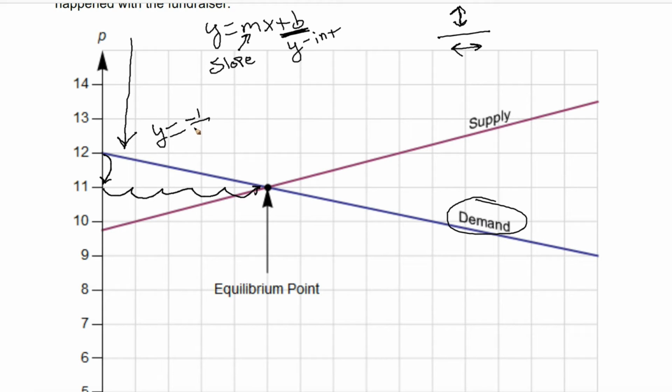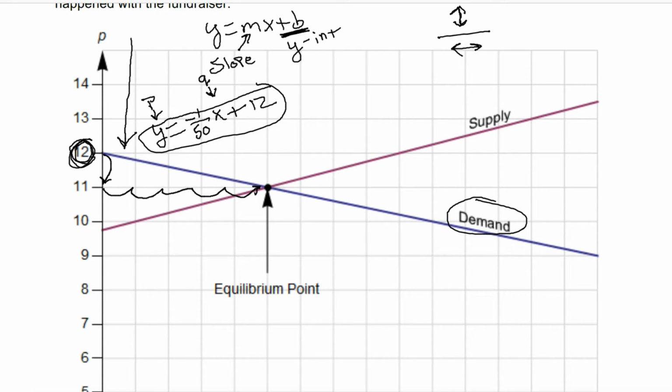So negative 1 over 50 x, or Q, excuse me. They wanted this with a P right there and a Q right there. So we have our P and our Q. Now where do we start? Our y-intercept is what? 12. So plus 12. So there's the equation for the demand.